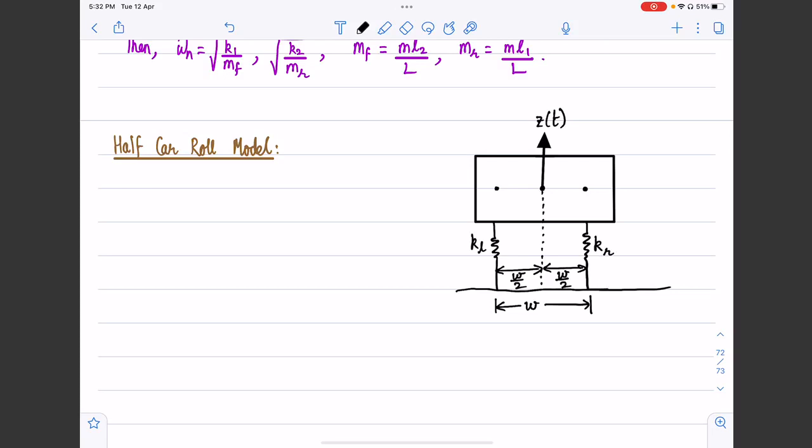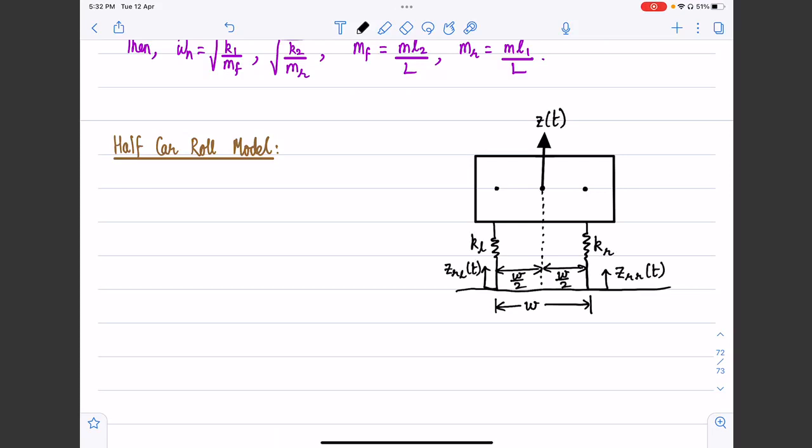Let's say the displacement at this point is ZRRT and the displacement at this point is ZRLT, L and R denoting the left and the right suspensions respectively.